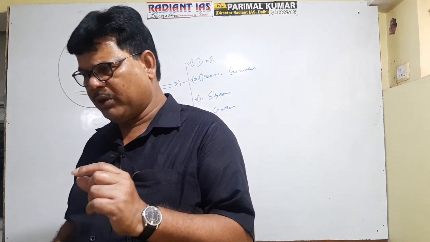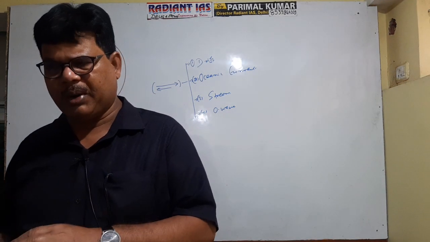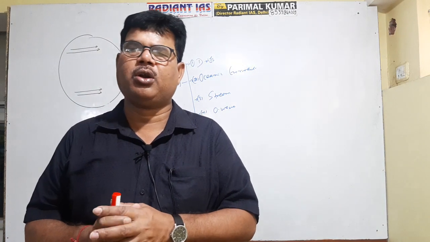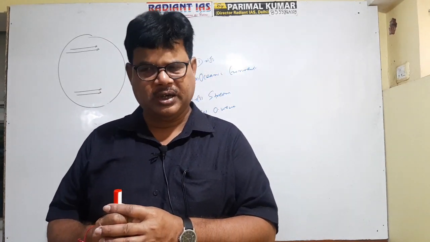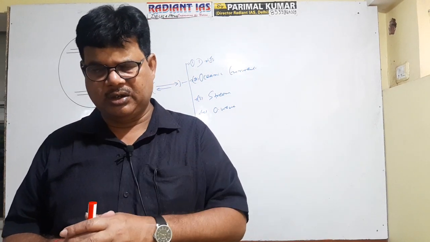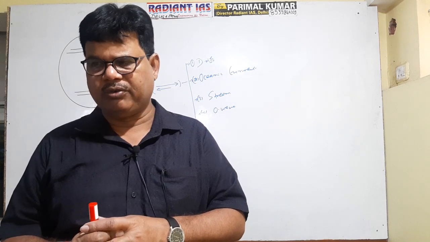There exists South Indian Ocean drift in the southern part of the Indian Ocean. But the Indian Ocean does not extend between 40 to 60 degree latitude in the northern hemisphere. It is capped by land, technically landlocked from the north. That's why you will not find North Indian Ocean drift.